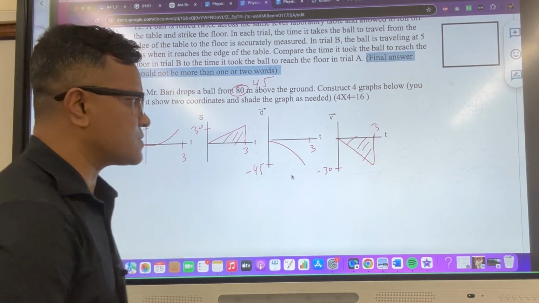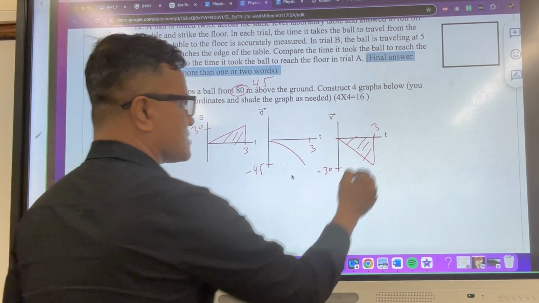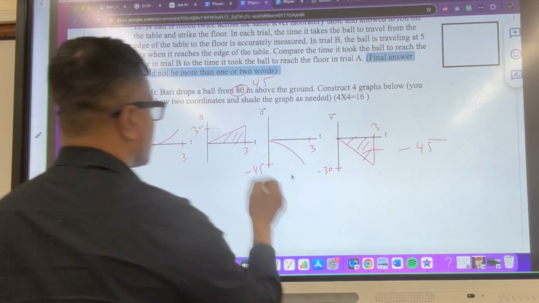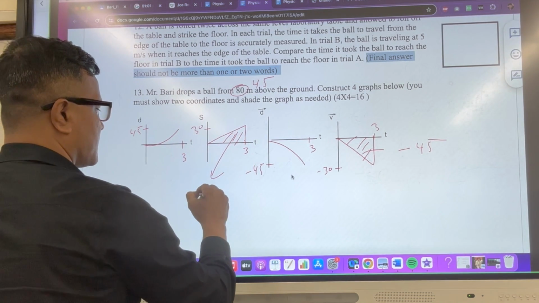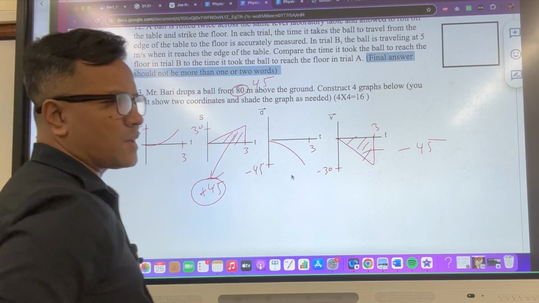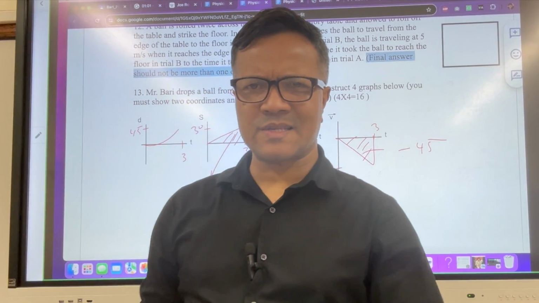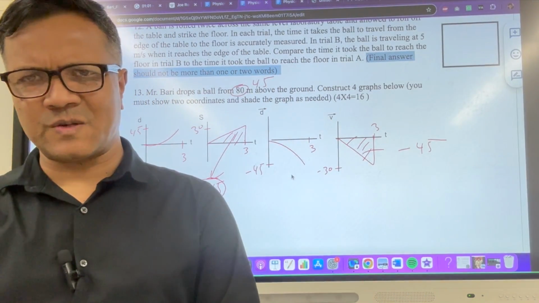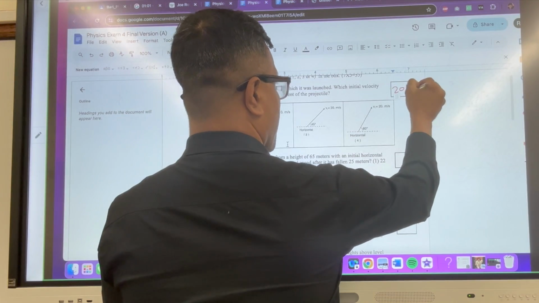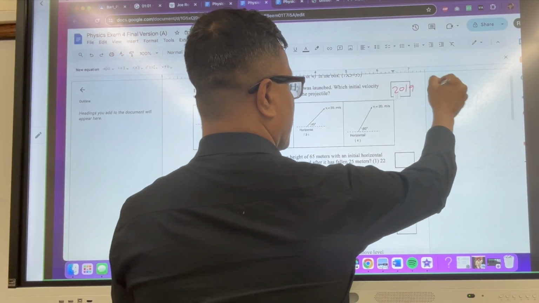All right, so yeah, that's it, because this is then negative 45 and this is then positive 45. So yeah, that was exam number 4. See you Monday.